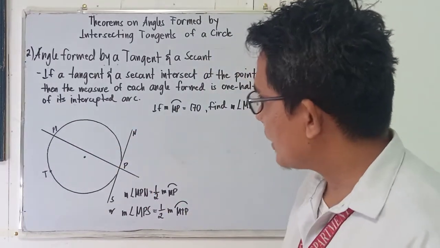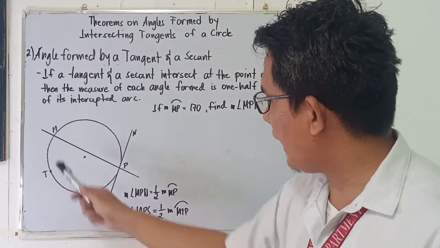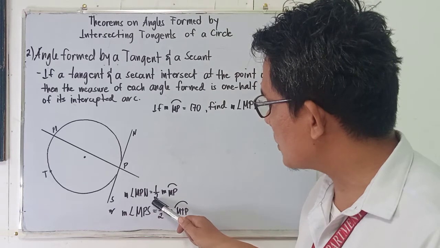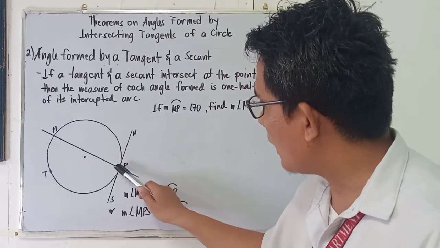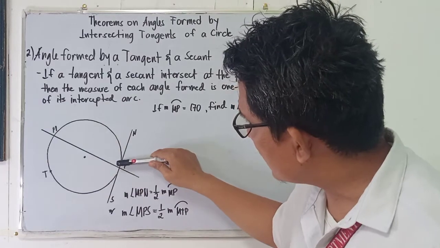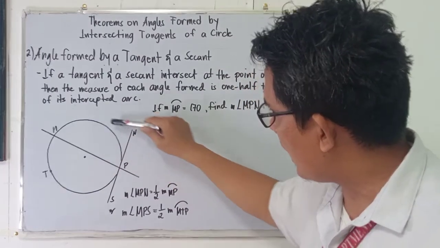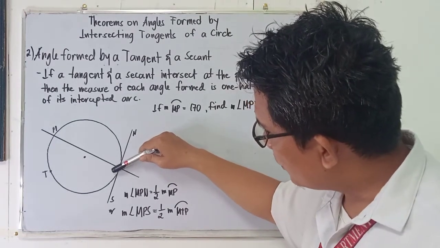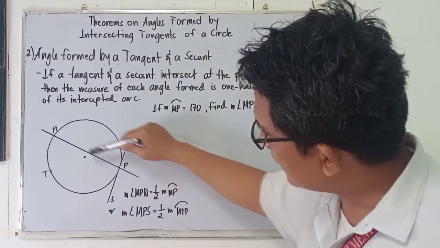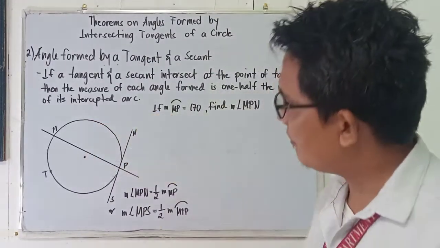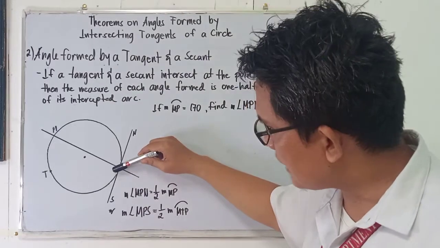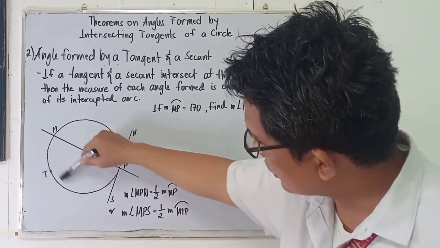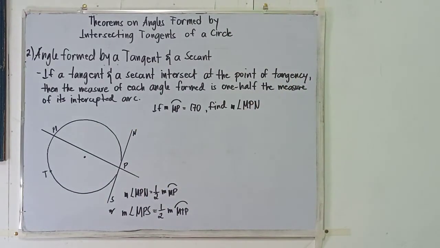If we are going to solve for angle MPN, angle MPN is equal to 1/2 the measure of arc MP. So the intercepted arc of this angle is arc MP. On the other side, if we are going to solve for this angle here, its intercepted arc is MTP. This angle is solved the same way, as 1/2 the measure of the intercepted arc. I hope that is clear.